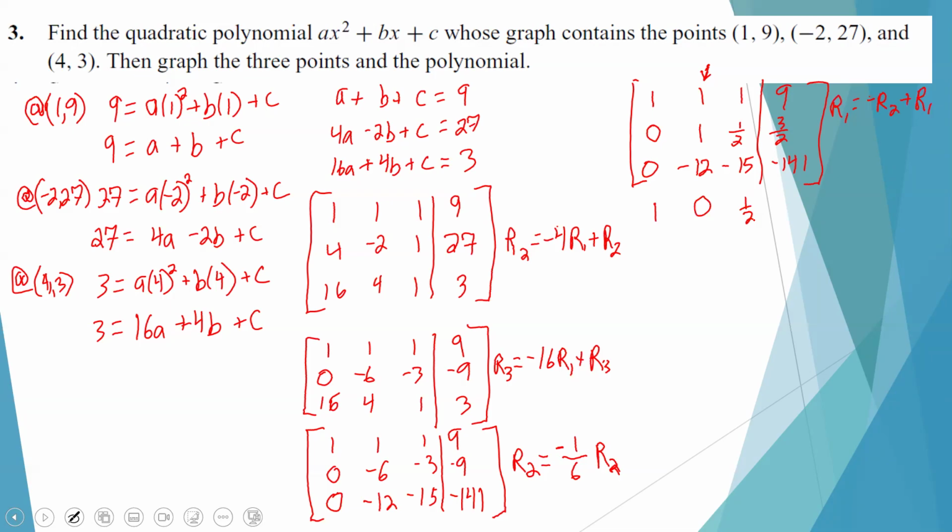Okay, so that's going to be 15 halves. 2 is going to stay the same. 0, 1, 1 half, 3 halves, 3 halves. 3 I didn't touch. Negative 12. Negative 15. And then negative the big one, 4.